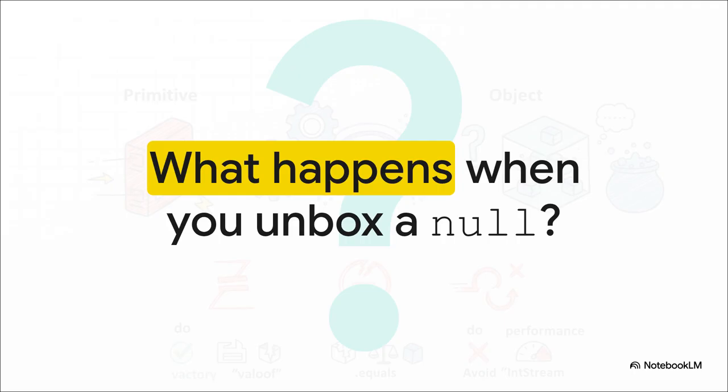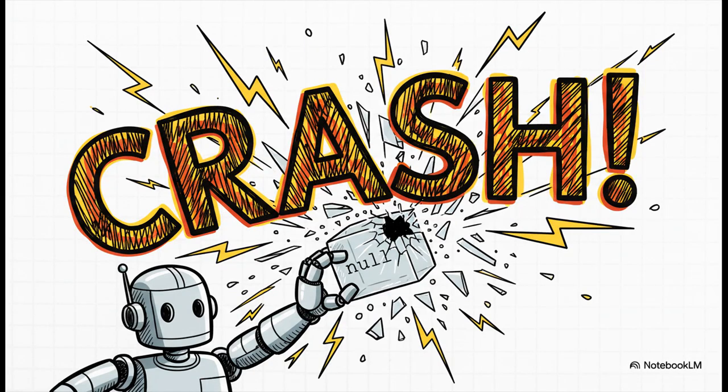And remember, a primitive int cannot be null. So, what happens when the compiler tries to unbox something that isn't actually there? Boom! Your program dies. Instantly. You get the dreaded NullPointerException. And it's because that magic unboxing is really just the compiler trying to call a method on your object to get the value. But you can't call a method on null.